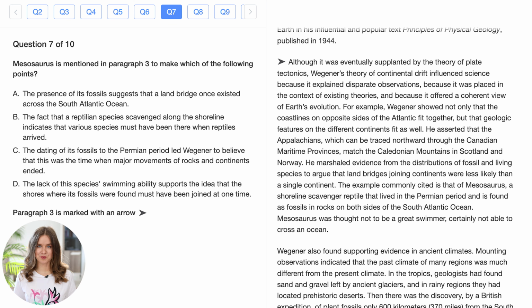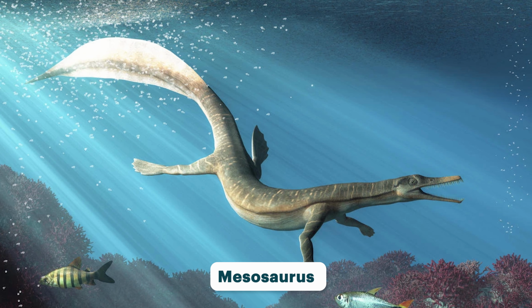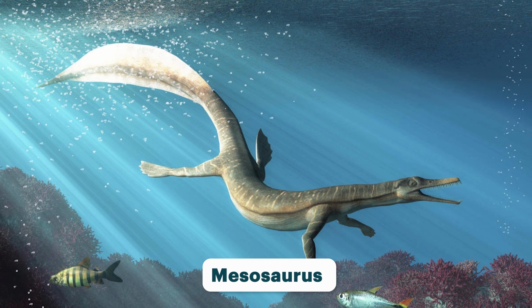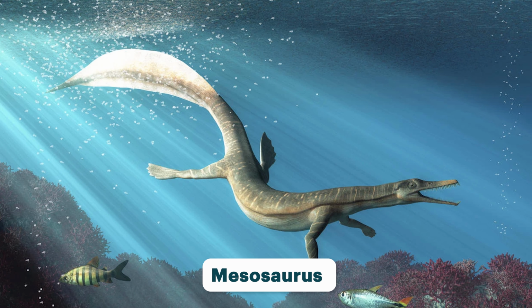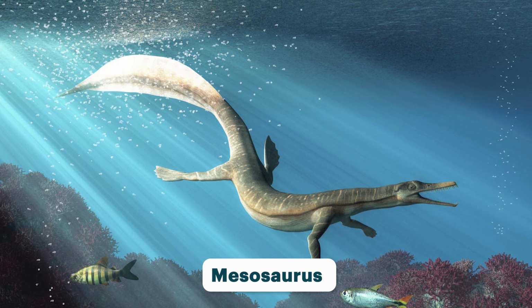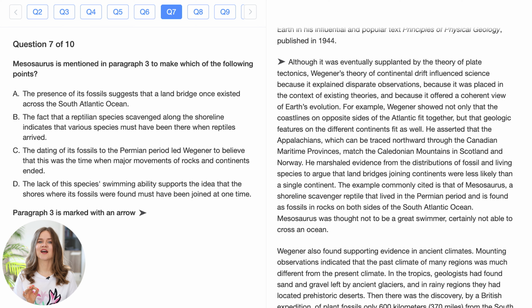Let's think this through. Wegener uses Mesosaurus as an example, but why? Mesosaurus was a reptile, and its fossils were found on both sides of the Atlantic. Yet, it couldn't have swum across the ocean because it wasn't a strong swimmer.